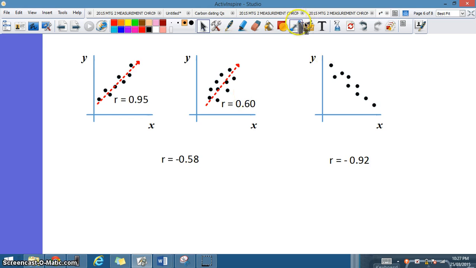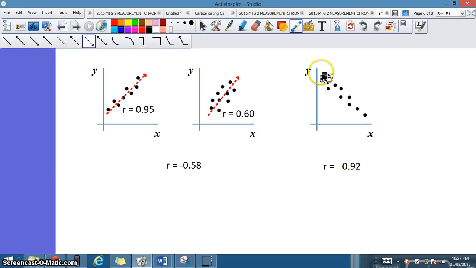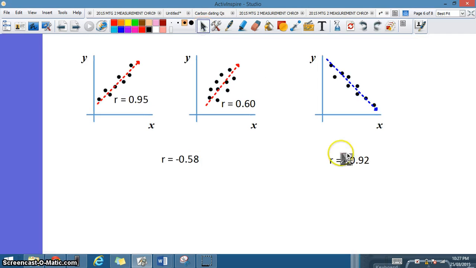Okay, over to the final one here. Now this is a negative relationship going down this way. Is it a moderate correlation or strong correlation? Well, I think those data points lie quite close to the line. I'd be thinking strong negative, which is going to be this value here.